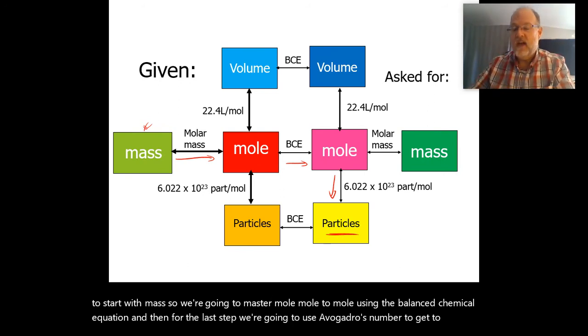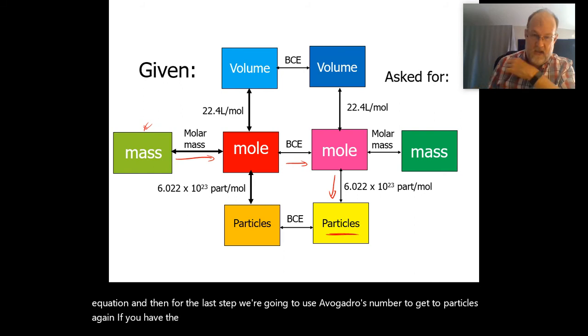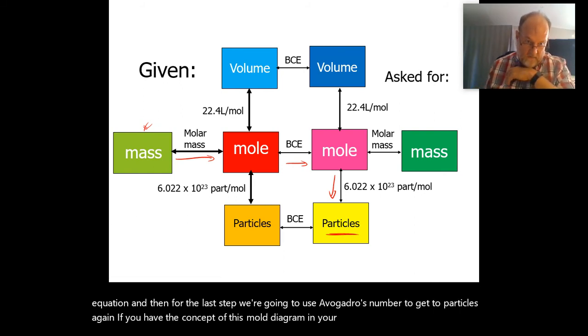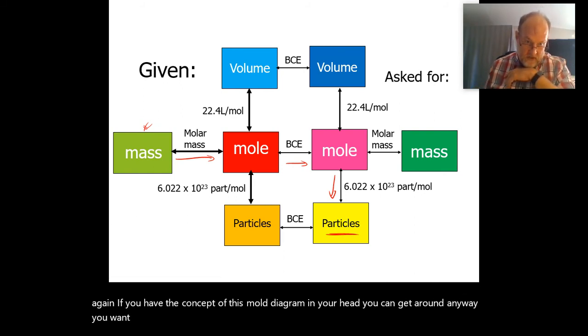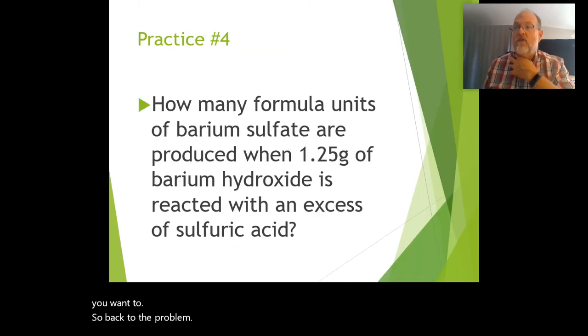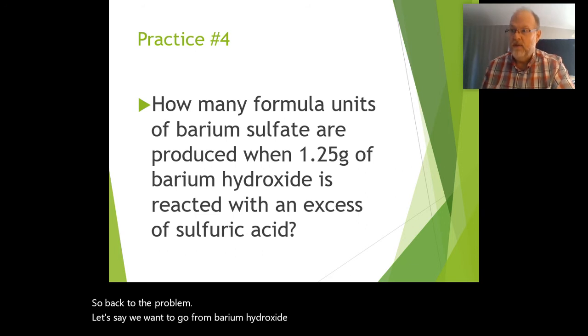Again, if you have the concept of this mole diagram in your head, you can get around any way you want to. So back to the problem. We want to go from barium hydroxide to barium sulfate.